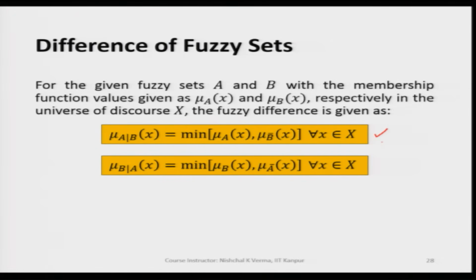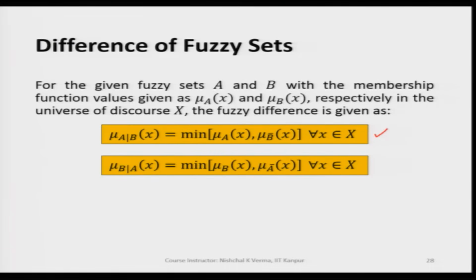The membership values are represented by mu A oblique B of x is equal to min of mu A of x comma mu B bar of x.